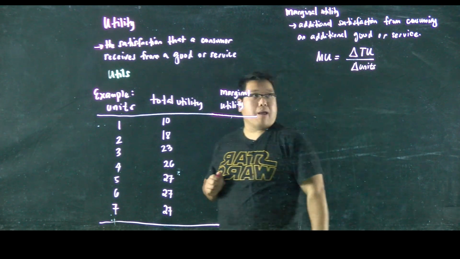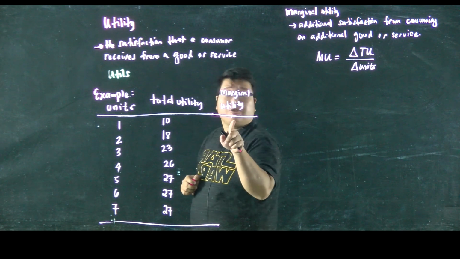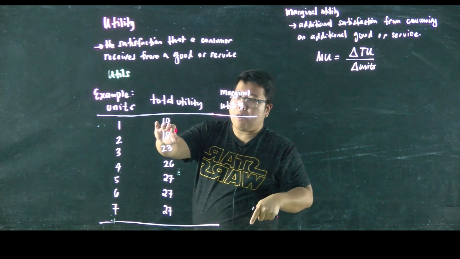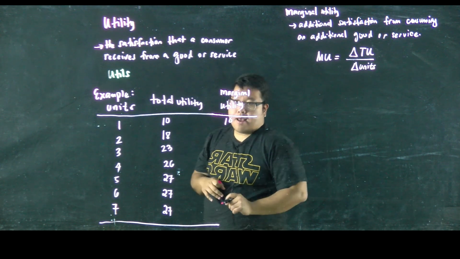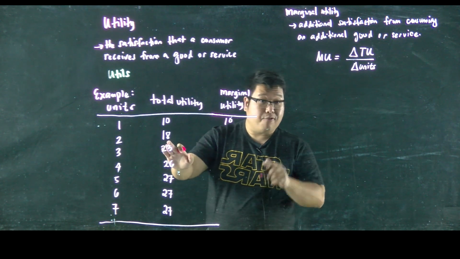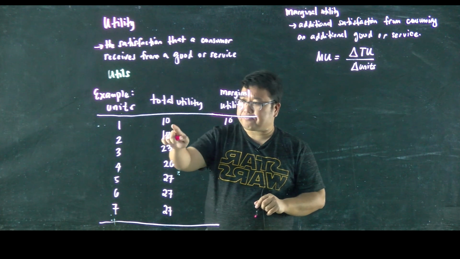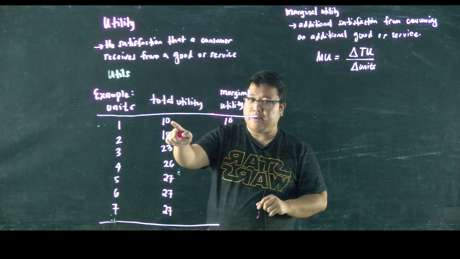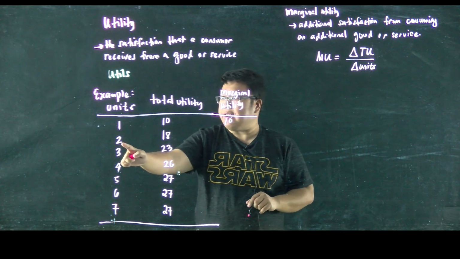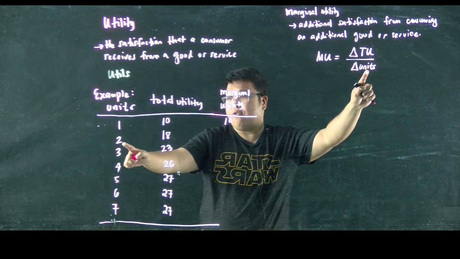So let's go back to our table. So the marginal utility for the first unit, since there are no units before that, let's say it's 10. But here we can compute marginal utility for the second unit. So we see that the change in total utility is 18 minus 10 is 8, divided by the change in the number of units, which is 1.